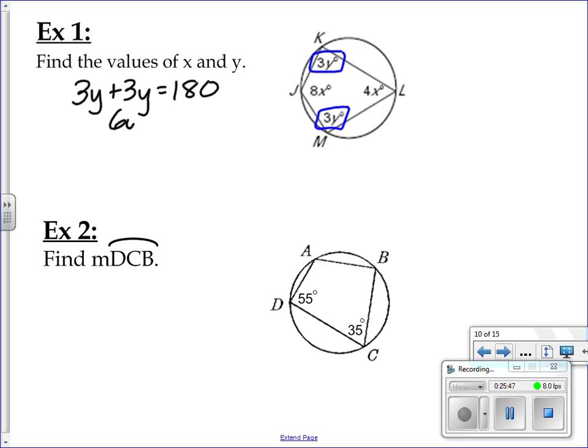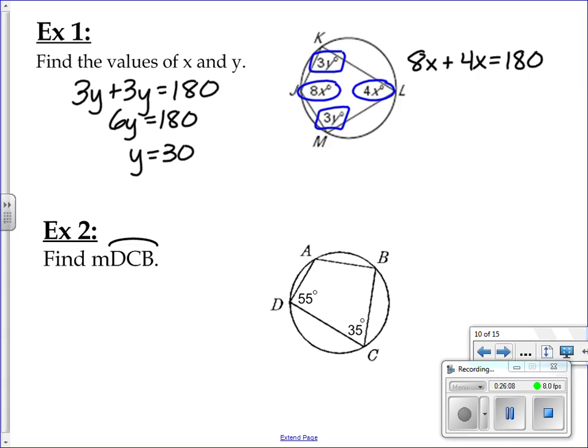So we're going to have 6y equals 180. We're going to divide by 6, so y is 30. Now we can take a look at the other opposite angles, which will be an 8x and a 4x. Those are also going to add to 180. You're going to get 12x equals 180. Divide that, and you're going to get 15.